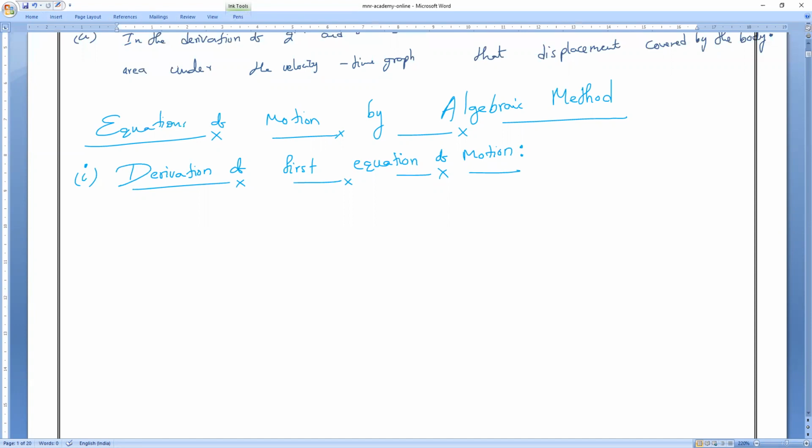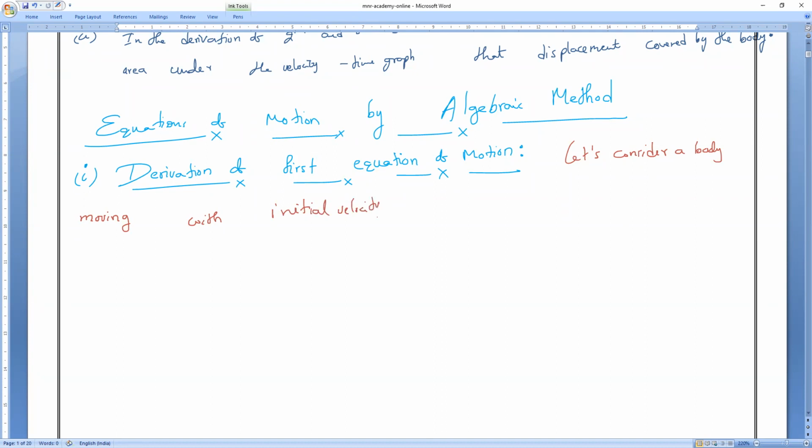Now, we are going to derive with the help of the algebraic method. If you want to solve the first equation, let's consider a body moving with initial velocity. What is the symbol of initial velocity?